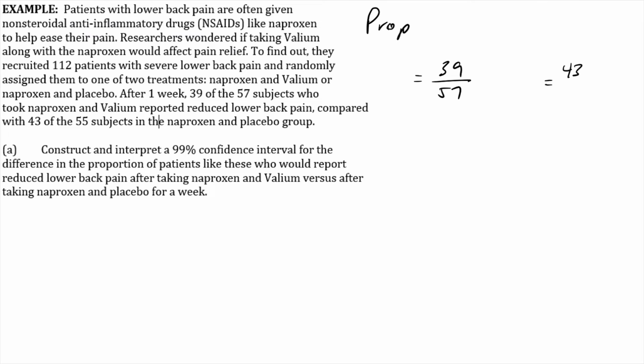Wait, let me move this here. Randomly assigned 112 to 57 and 55. Okay. And then we can do decimals, I should say. 39 divided by 57.